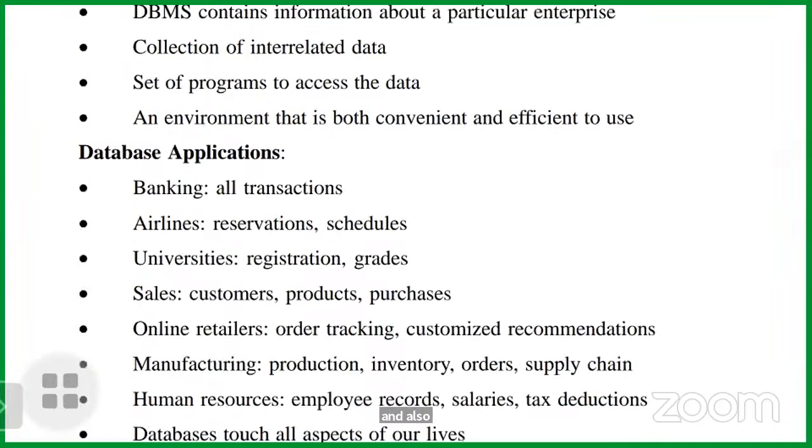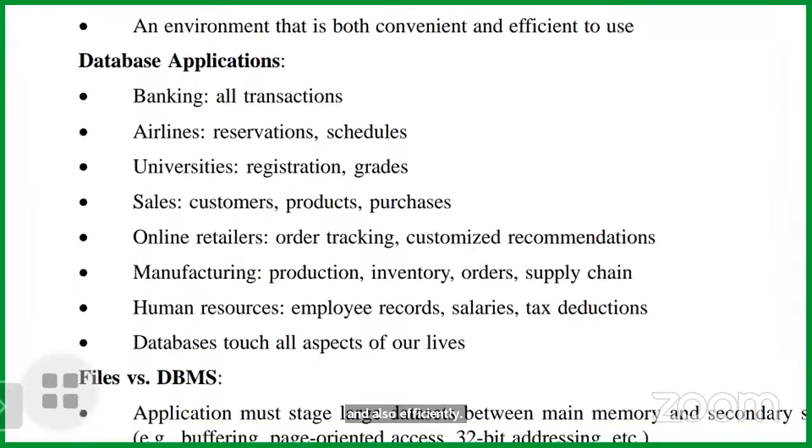And what are the applications of DBMS? Banking: all transactions. Second, airlines. Just now I mentioned the railway station. Airlines reservations and schedules, meaning when the flight will go and come. Also university registrations and grades. Sales: customers, products, purchases.